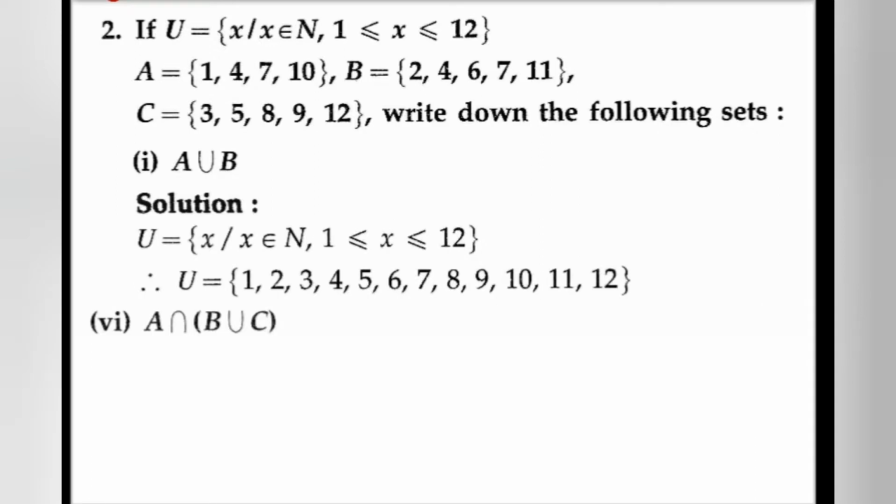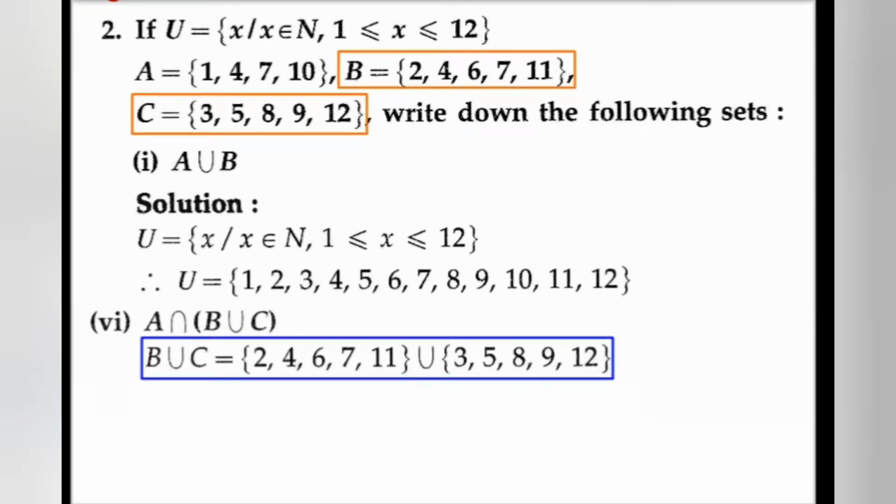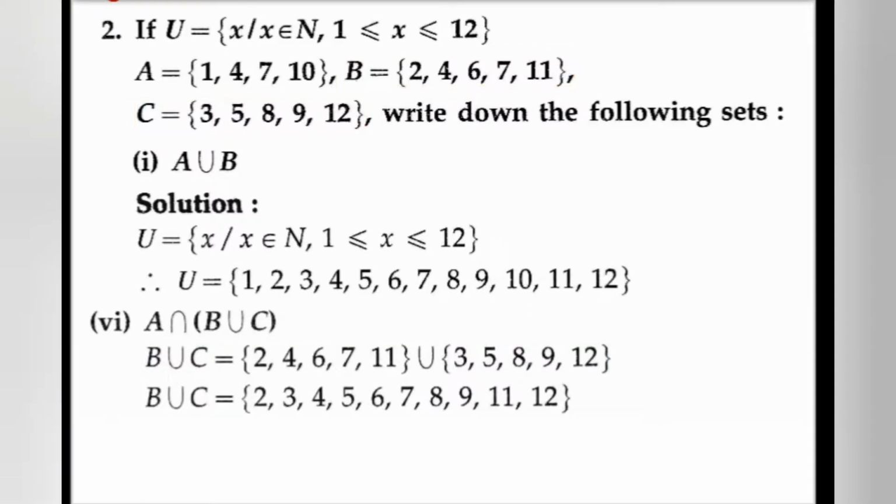Number 6. A intersection B union C. Now first we'll find B union C, that is set of 2, 4, 6, 7, 11, union set of 3, 5, 8, 9, 12. So it is set of 2, 3, 4, 5, 6, 7, 8, 9, 11, 12.